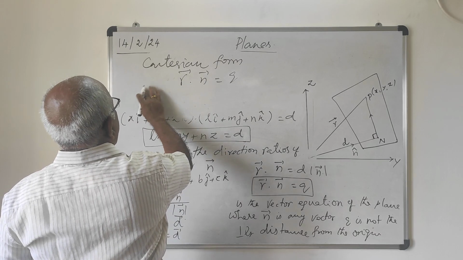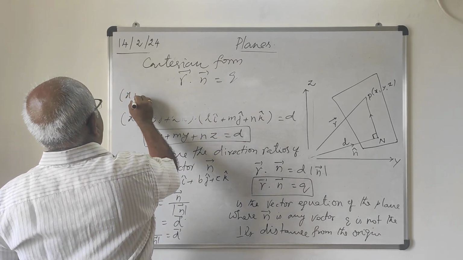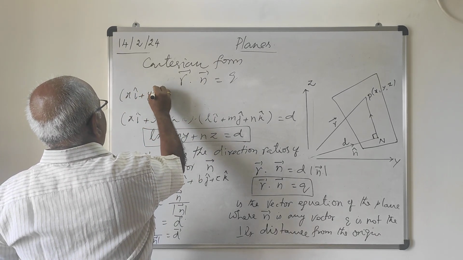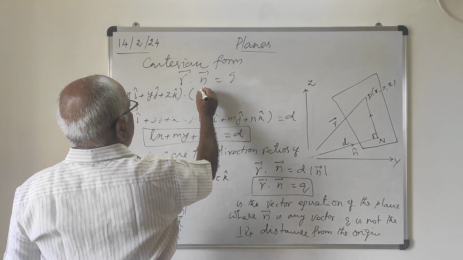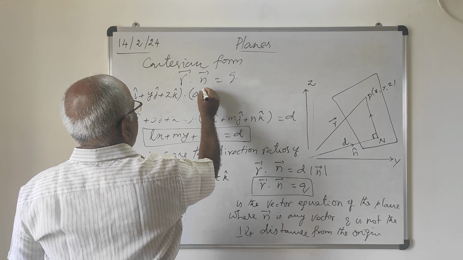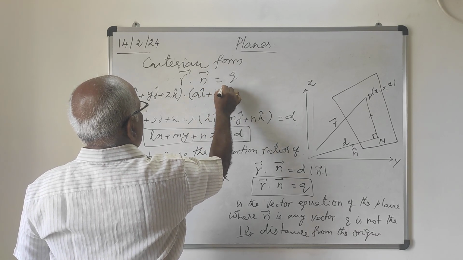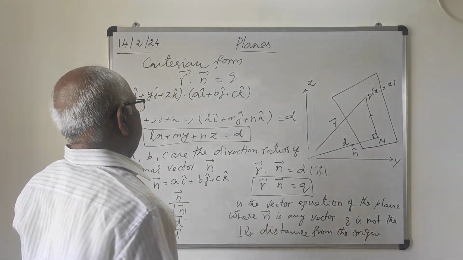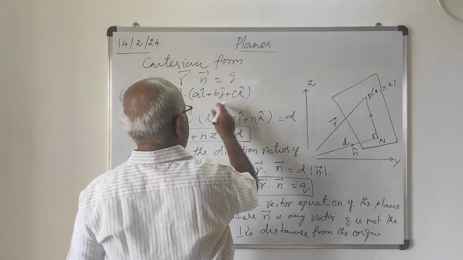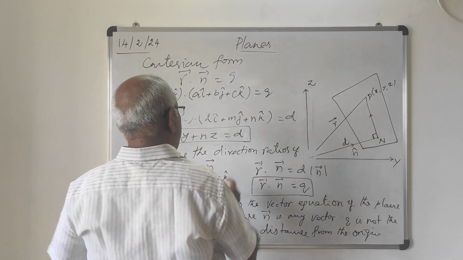Here r is xi plus yj plus zk, and n vector is any vector ai plus bj plus ck, because n is not a unit vector, and a, b, c are its direction ratios.